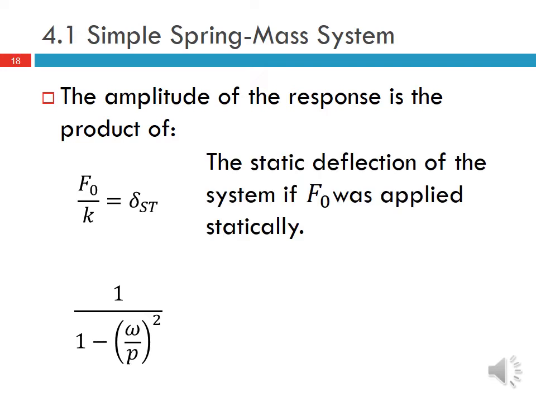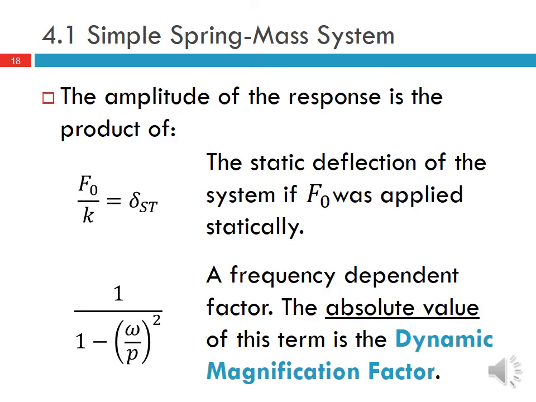Delta static is the static deflection of the system if our force, F naught, was applied statically instead of dynamically. If we just applied a static force of F naught, this is how much the system would deflect. And then this term, 1 over 1 minus omega over p squared, is a frequency dependent factor.